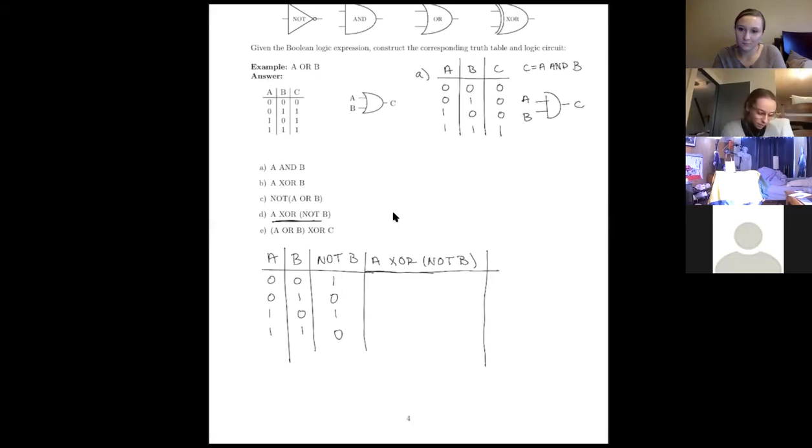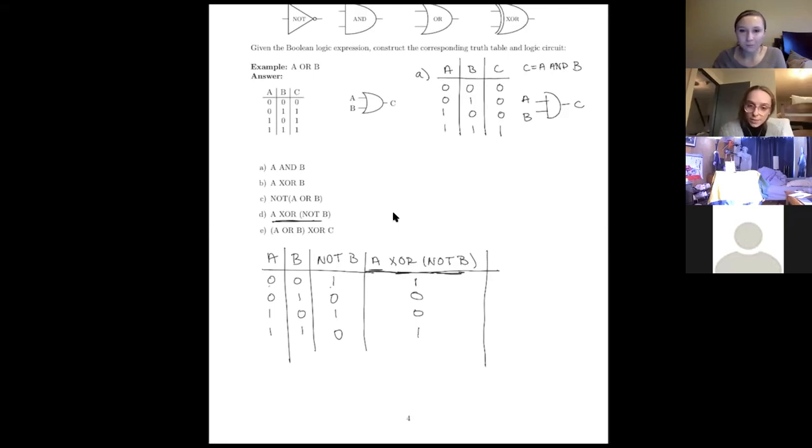And then you take your A column and your not B column, and you do the XOR expression. Exclusive OR is only true if one of them is true. So if you look at these two columns, the result is 1, 0, 0, 0, 1, 1, 0, 1, 0, 1.